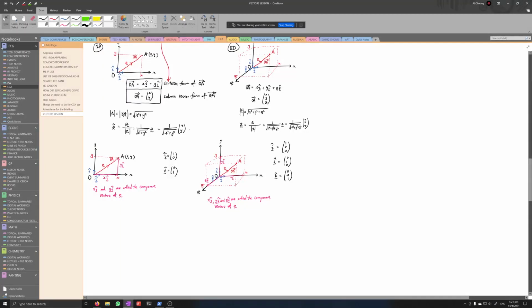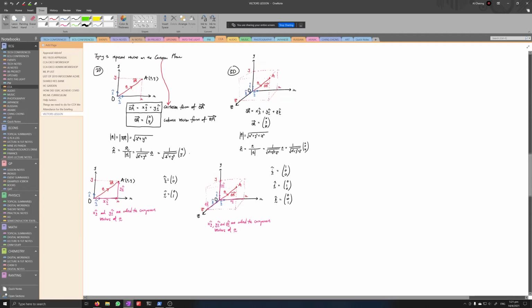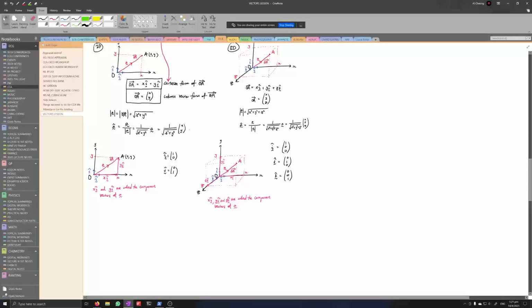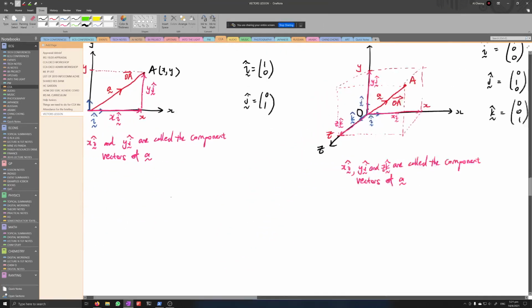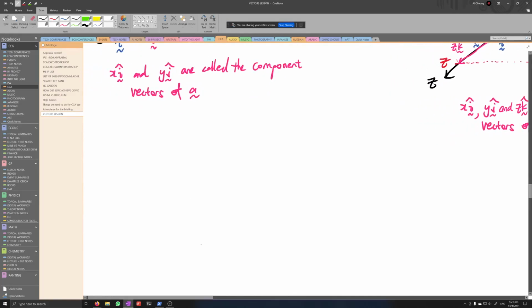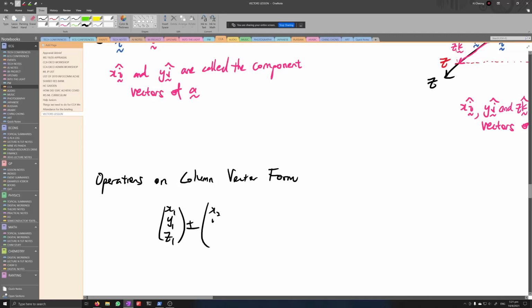Oh yeah, also if you were to do column operations on the column notations of vectors, if you have x1, y1, and z1, when you add x2, y2, and z2, it is basically doing this.